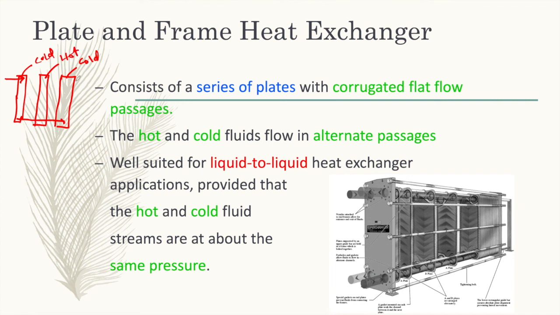Okay, hot, and then we have another plate, and then this hot will transfer to the other hot area. Okay, so this arrangement is alternate passage, called cold hot, cold hot.